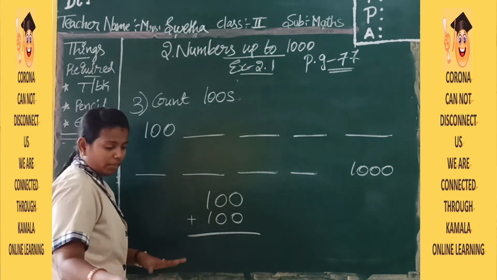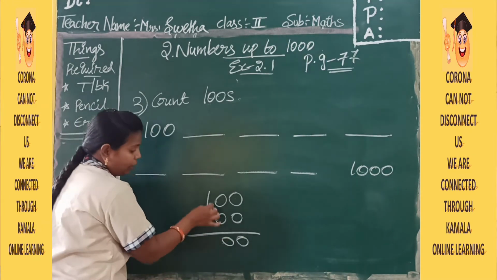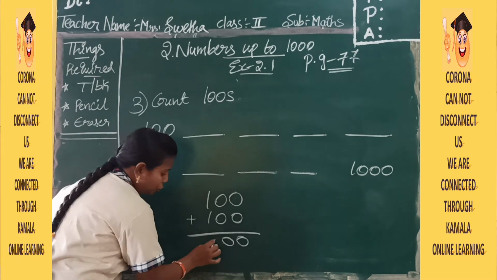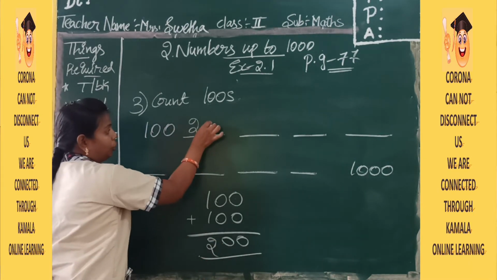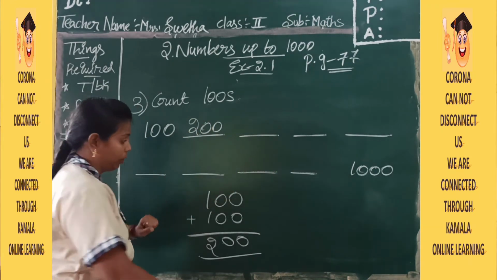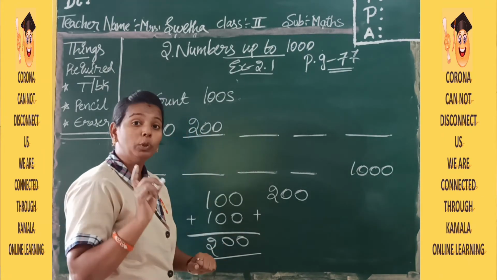0 plus 0, 0 only. 0 plus 0, again 0. 1 plus 1, again 2. So what will be in the next blank? It is 200. Okay, now to this 200 again 100 you have to count. What you have to do? You have to do addition.